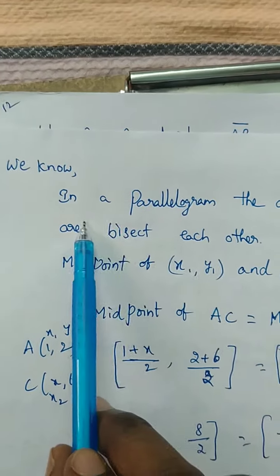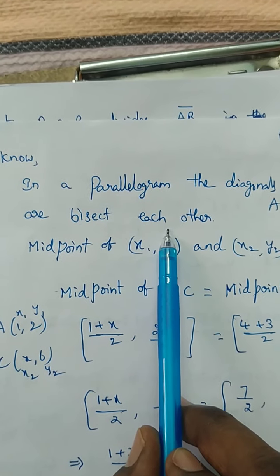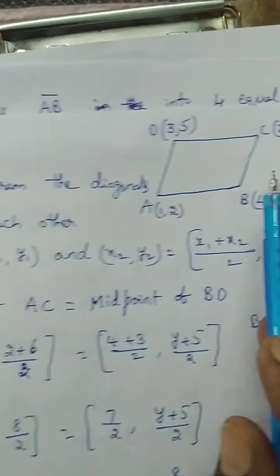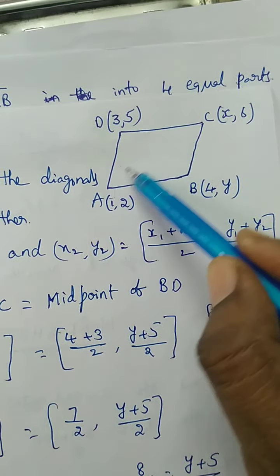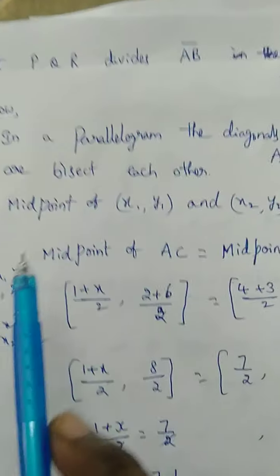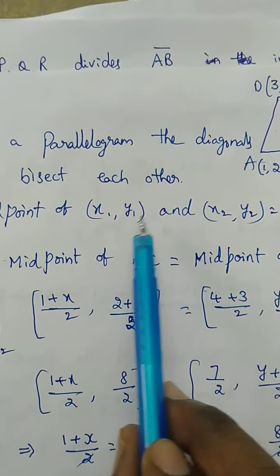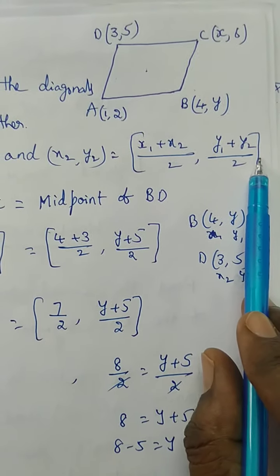Then we know that in a parallelogram the diagonals bisect each other. This is A, B, C, D. The midpoint of AC and the midpoint of BD are the same. The midpoint formula for two points (x1, y1) and (x2, y2) is ((x1 plus x2) by 2, (y1 plus y2) by 2).